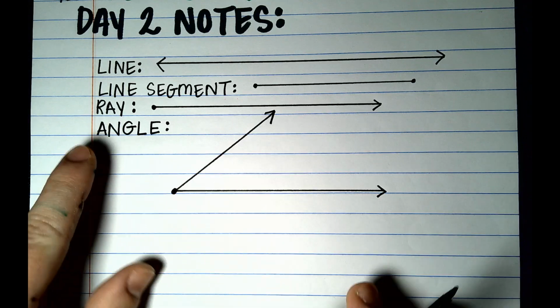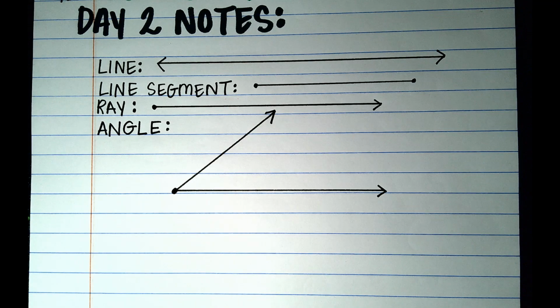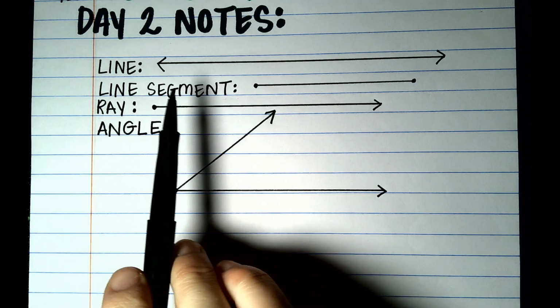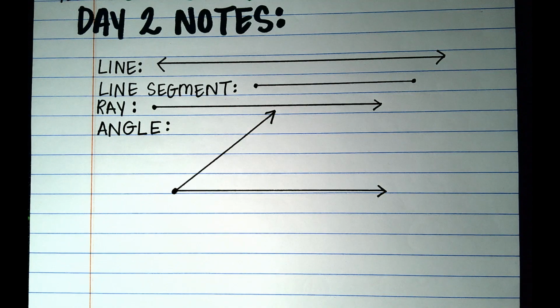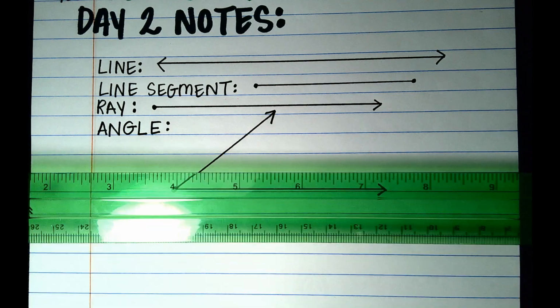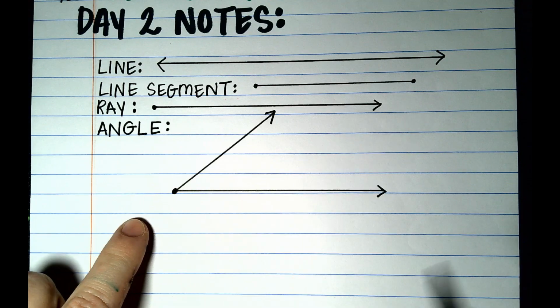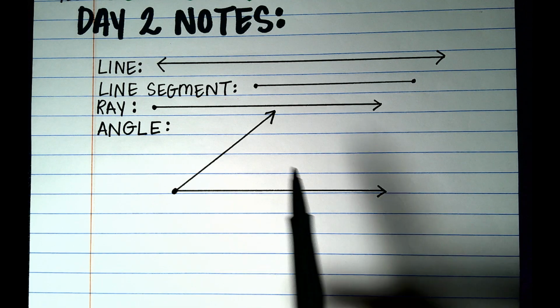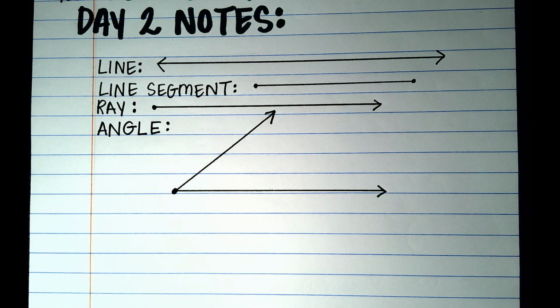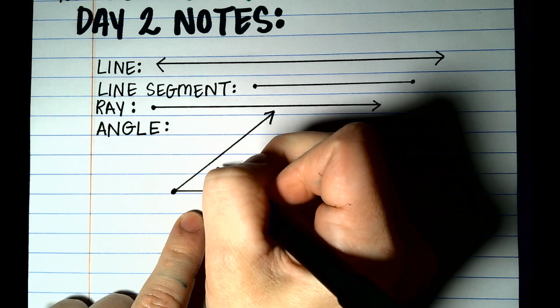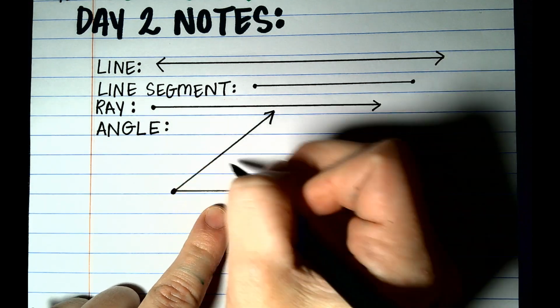Now, angles, rather than measuring in length like we do with line segments, we measured line segments in inches and we used a ruler. Angles get measured in a different way. Does anybody know what units we use to measure an angle? Degrees, yes. So here's what we're measuring with an angle.